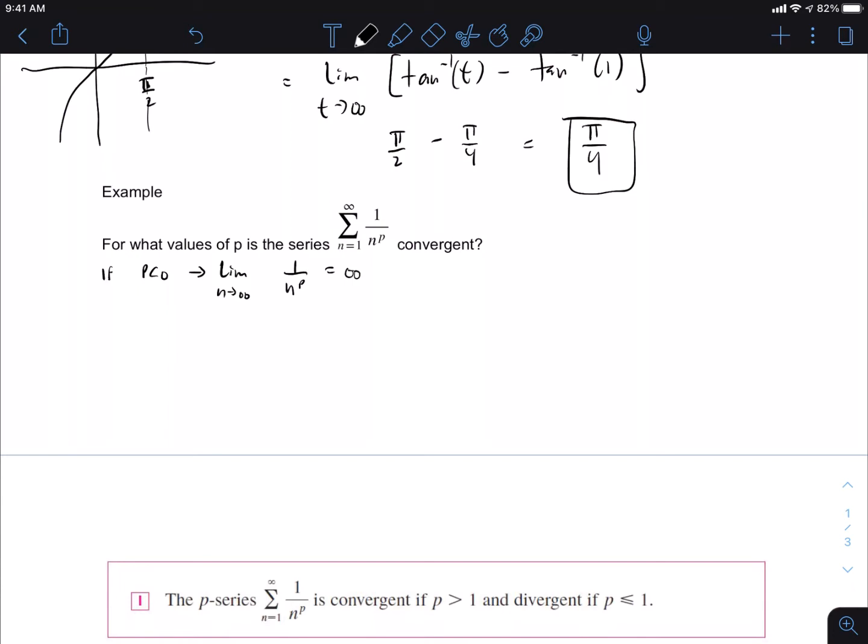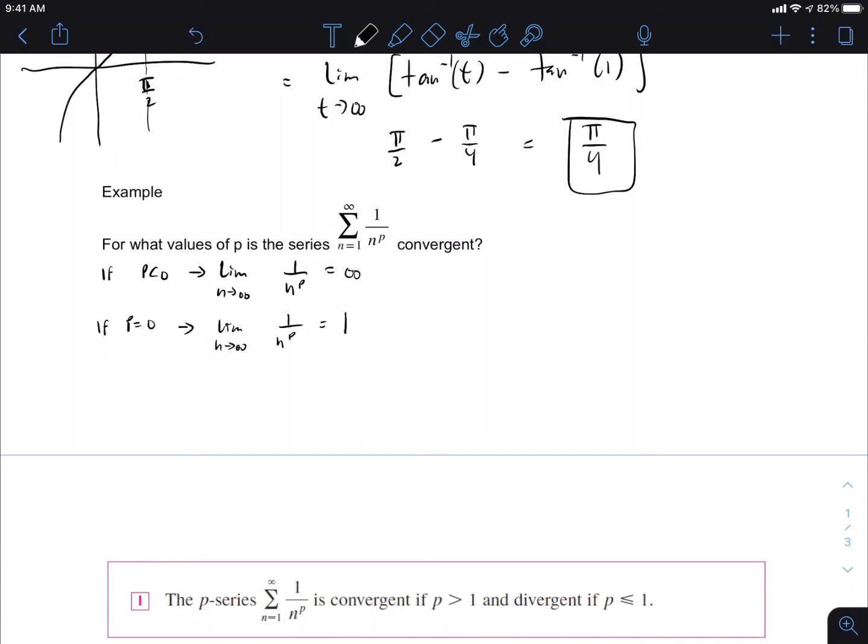If p is equal to 0, then the limit as n goes to infinity of 1 over n to the p is simply going to be 1, because we're going to get the exponent to be 0, and so any number to the 0 is going to be 1. So that's not too bad.